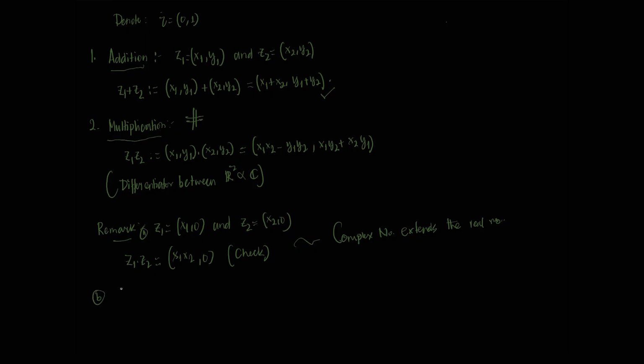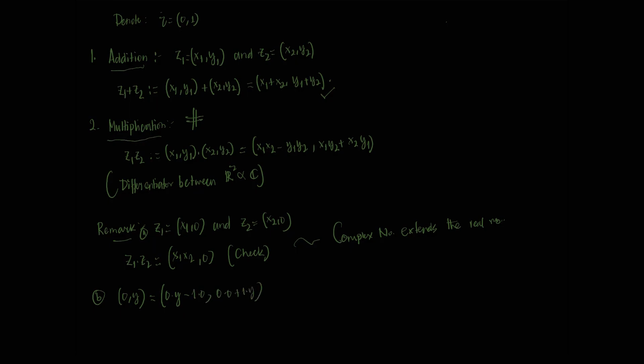The second remark: I want to talk about this particular thing, (0, y). If you want, you can write it as (0 times y minus 1 times 0, 0 times 0 plus 1 times y).